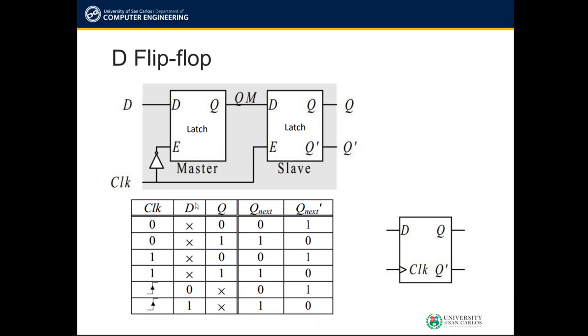If the value of your D is 1, then whatever the value of your Q here is, the value of your Q next is 1. As you can see, whatever the value of your D, the output of your Q is the same.